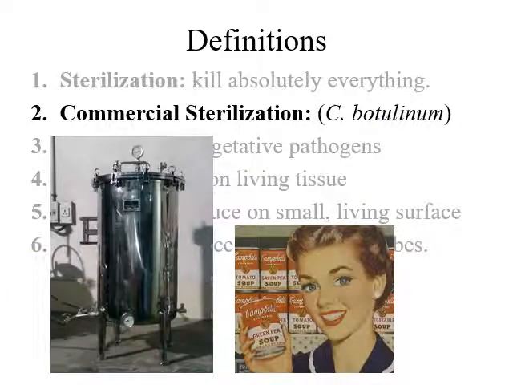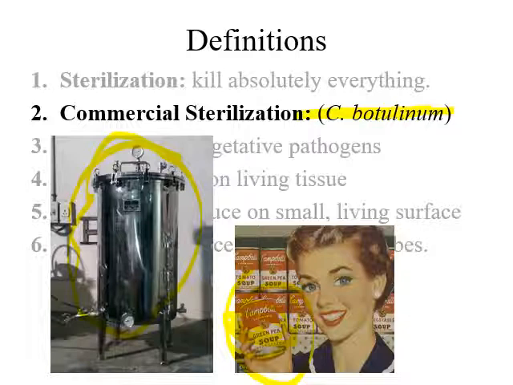Okay, now there's another term called commercial sterilization, which is a very technical legal term which refers to cooking food like soup, for example, in a pressurized steam colander, and you have to cook the soup until you have done what's called 12 decimal reduction times for Clostridium botulinum endospores.